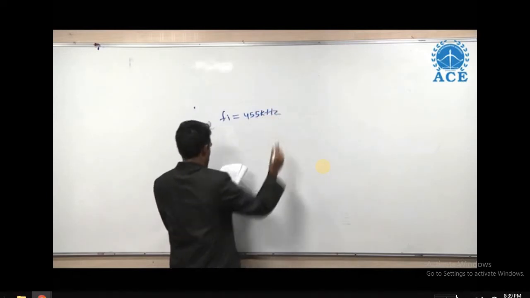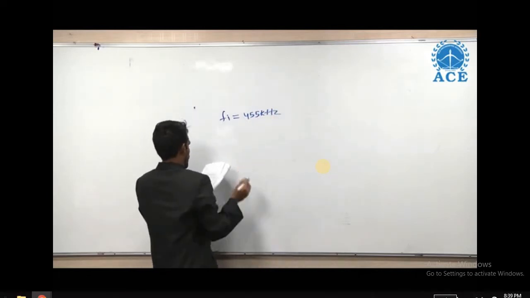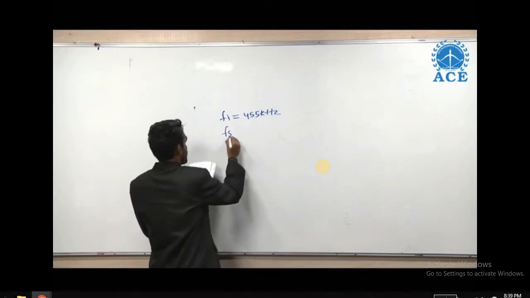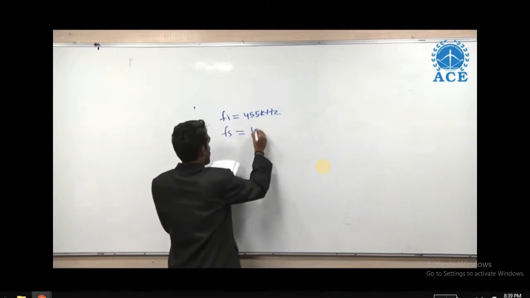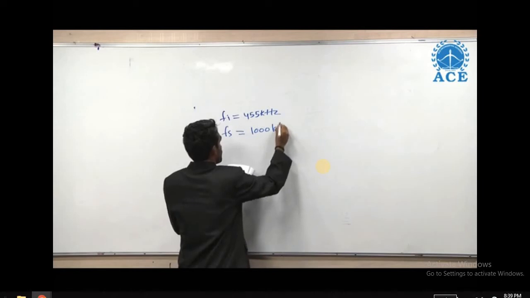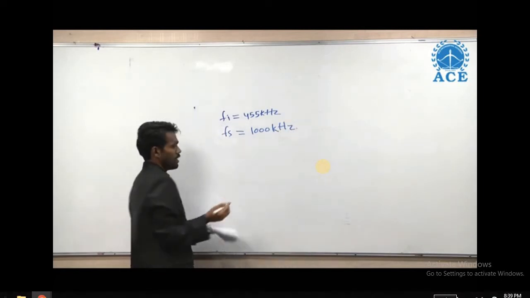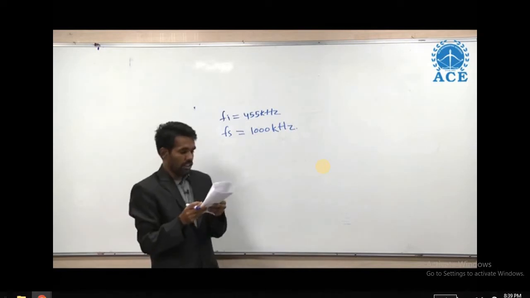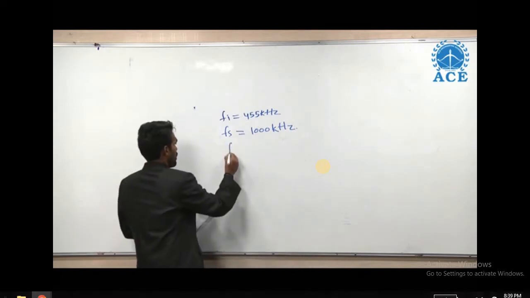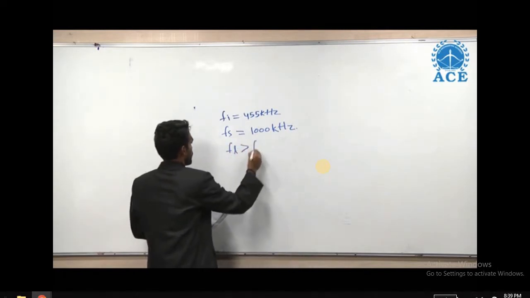Okay. And incoming frequency fs equal to 1000 kHz. So, we know that for the image frequency, by default we need to consider fl is greater than fs.